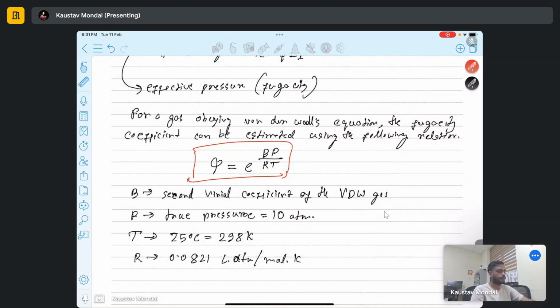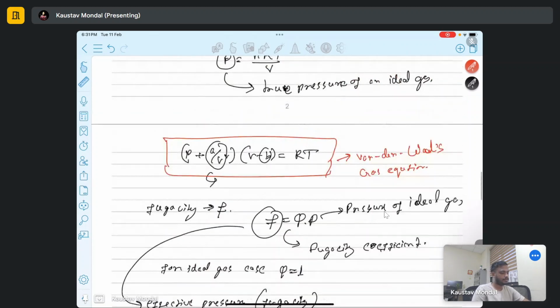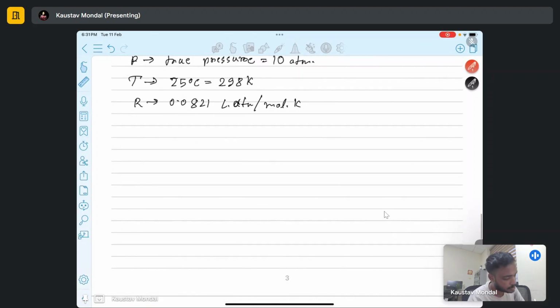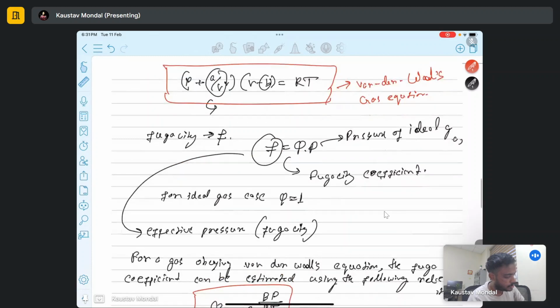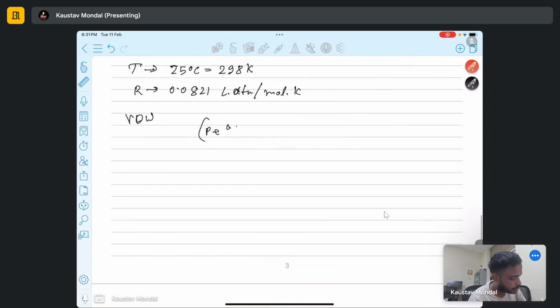Yes, okay, so now you can basically write this. So let me write it once again. For a van der Waals gas, (P plus A by V square) into (V minus B) equals RT. Right, now we have to basically expand these things. Okay, so P will be equal to RT by (V minus B) minus A by V square.